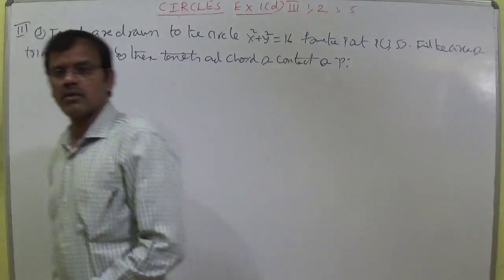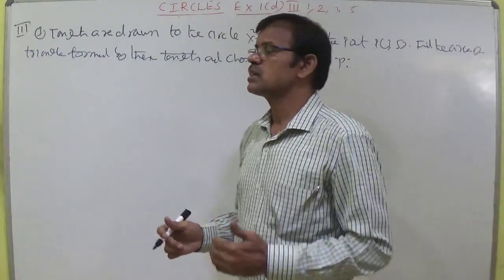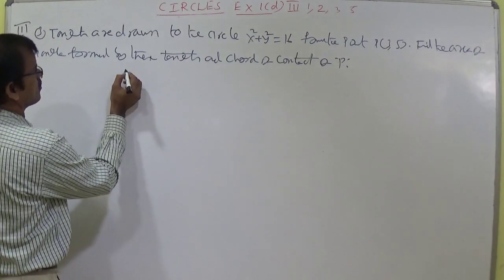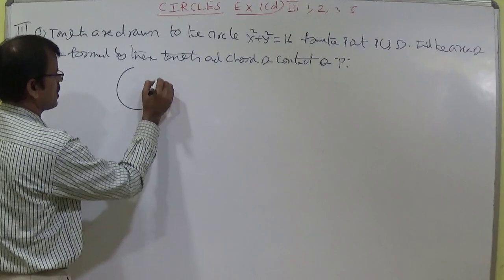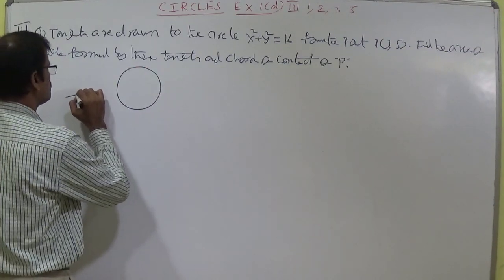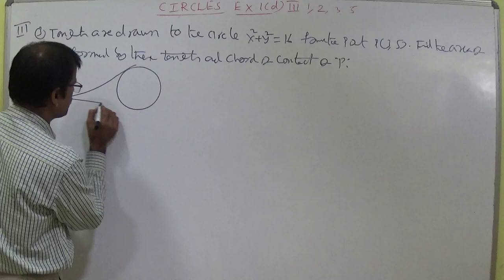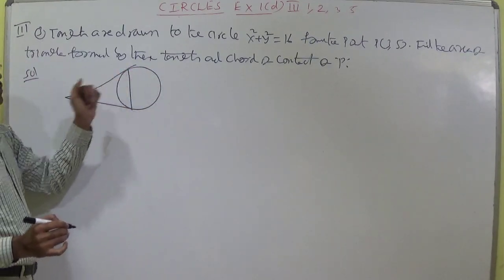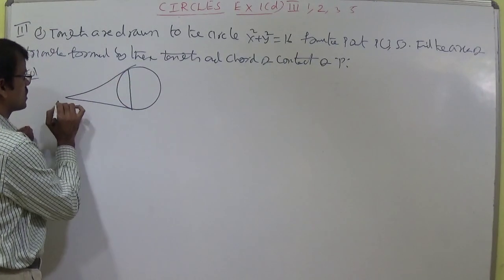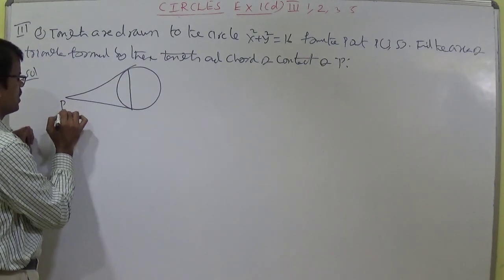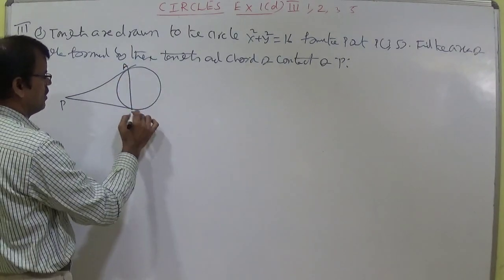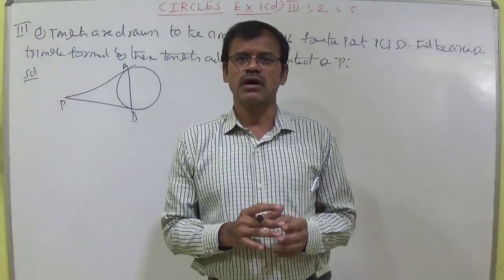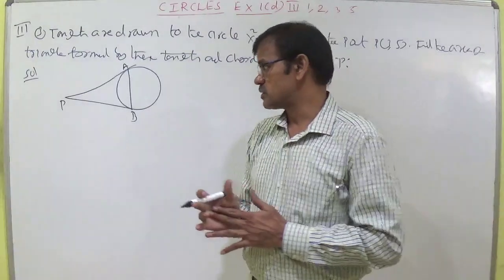I said the example and we proved the theorem: the area of the triangle formed by two tangents drawn from an external point, with the chord of contact, that is the line joining the points of contact of the circle. Here P we put as the name, and here A and here B. We proved that the area is S11 power 3 by 2 into R by S11 plus R square.